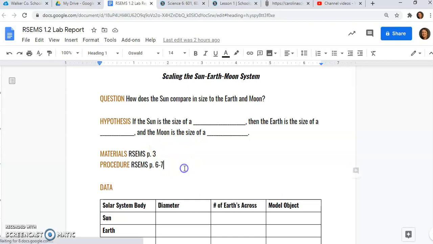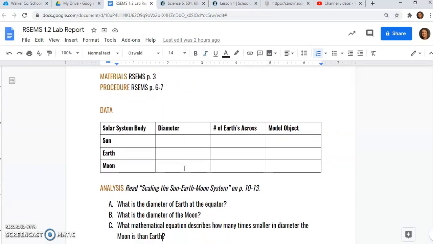Okay. For your data, you're going to collect some information about the real diameter of the Sun, Earth, and Moon from the reading selection, Scaling the Sun, Earth, Moon System on pages 10 to 13. You're going to collect some data from that reading selection about if we were using the Earth itself as a measuring tool, then how many Earths across would the diameter of the Sun be?